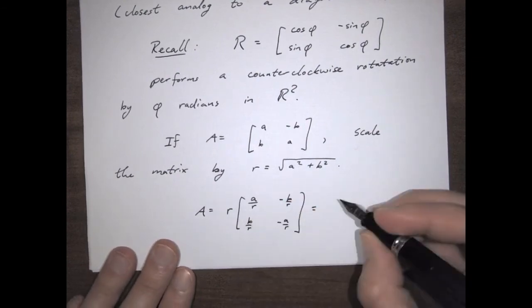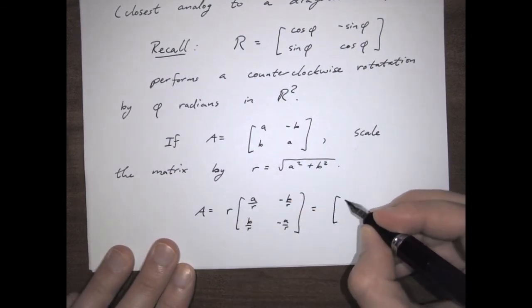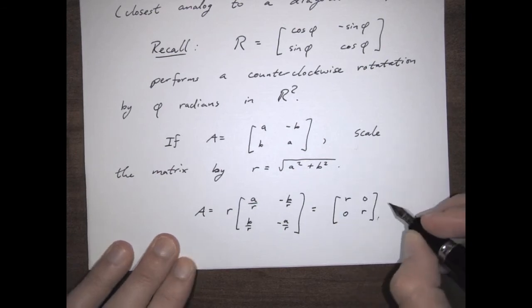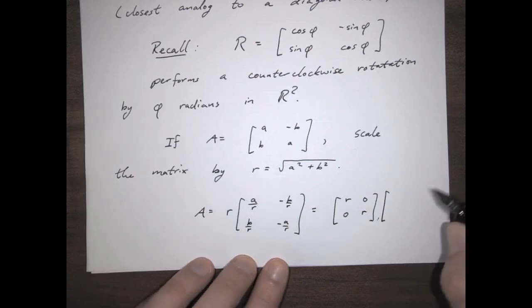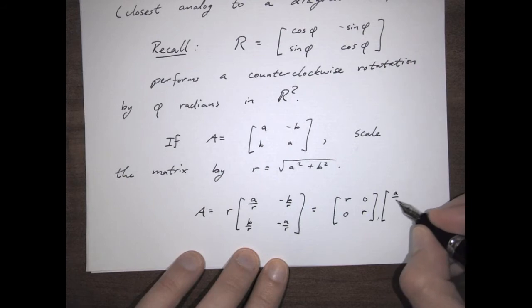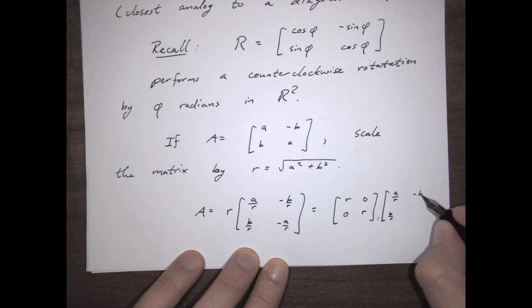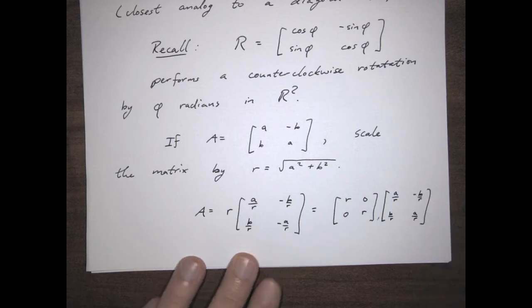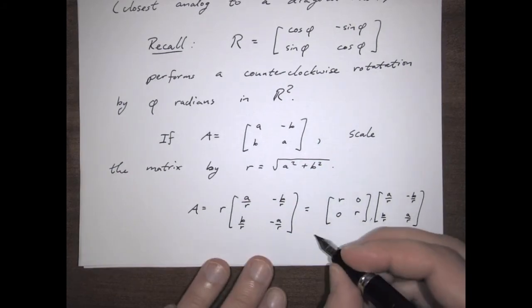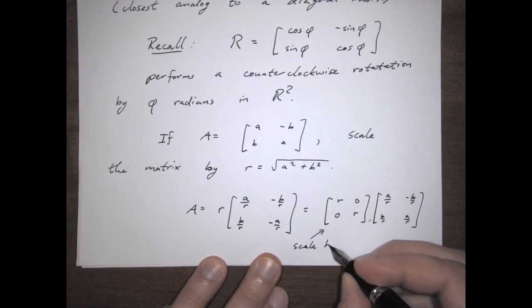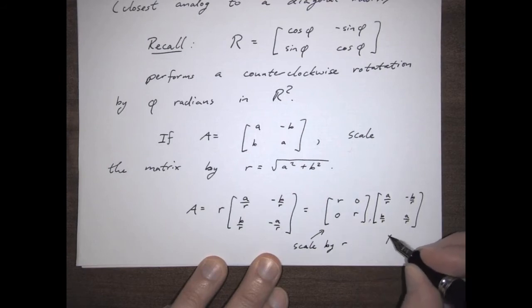But then we can rewrite this as r times the identity, so a over r, b over r, minus b over r, and a over r. And this part accomplishes a scaling and this part accomplishes a rotation.